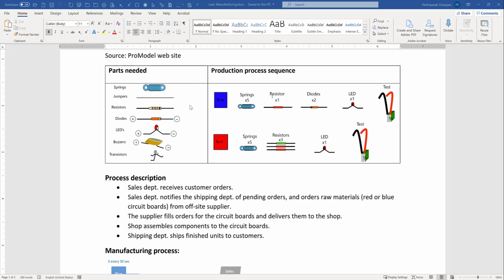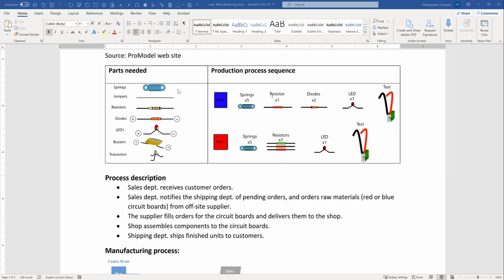So all of the parts needed for the assembly for blue and all the parts needed for the assembly of red come in from our suppliers. They get assembled. And then once the testing is done, once the product is finished, it is matched up with the sales order, and the sales order is then shipped.